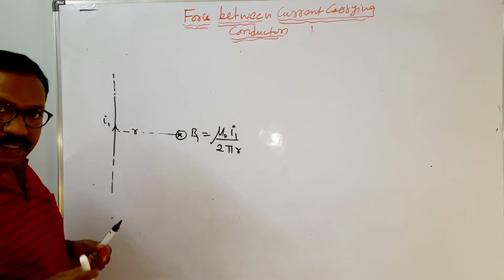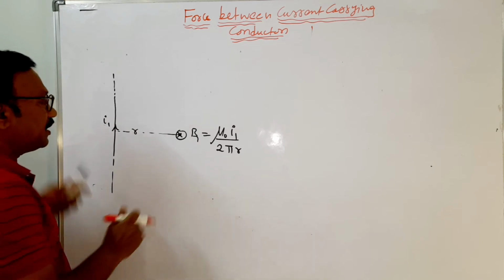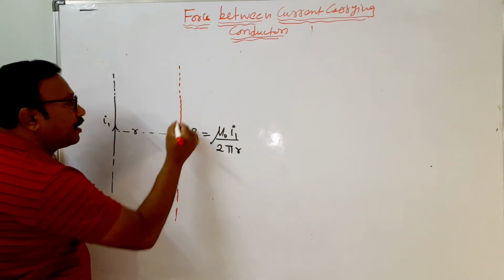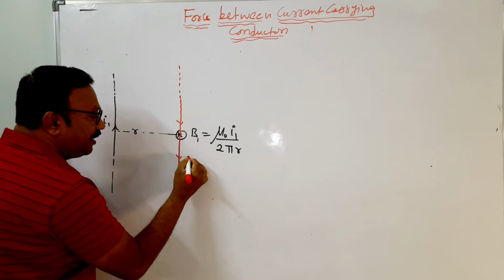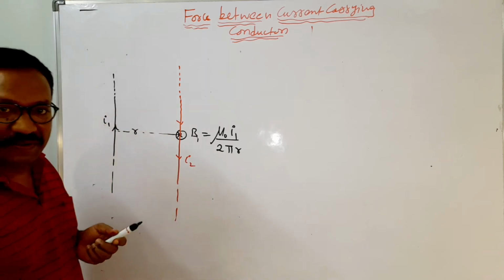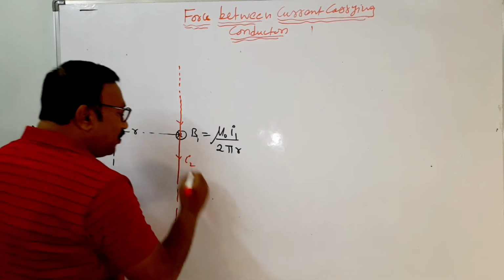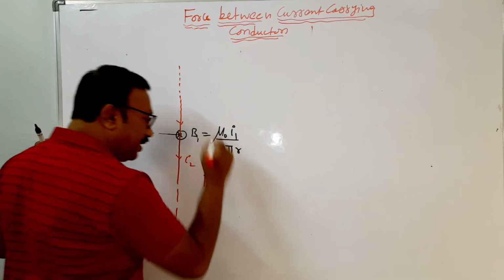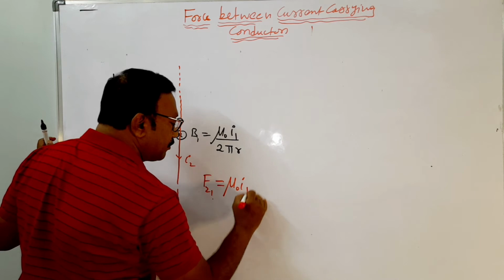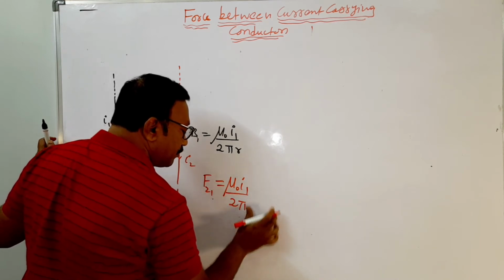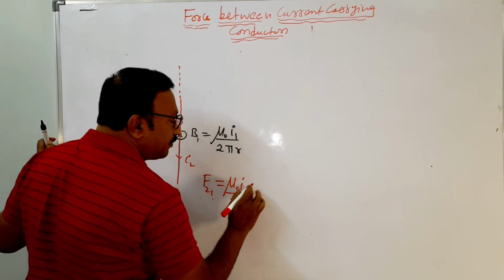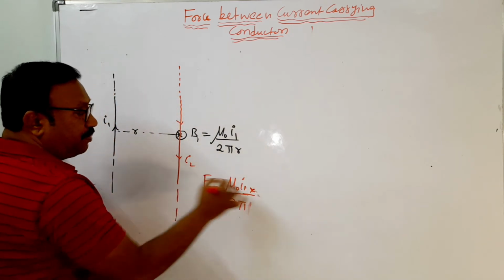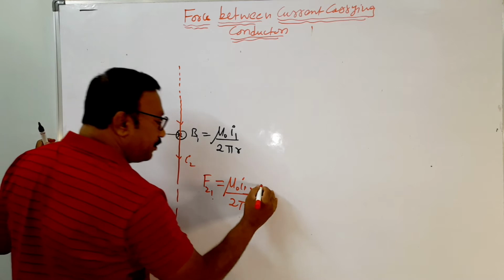Now I will take the second conductor. So the second conductor I will be taking, and in this the current will be flowing in the opposite direction. So therefore the force on the second conductor due to the first conductor is equal to B I, where I means I2.